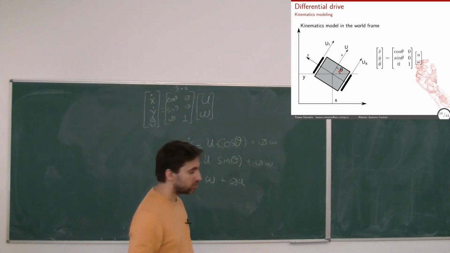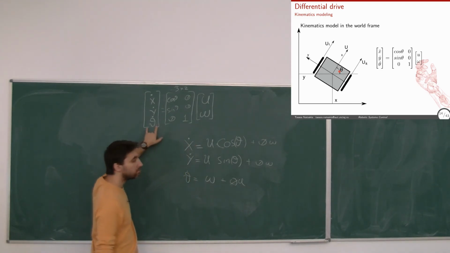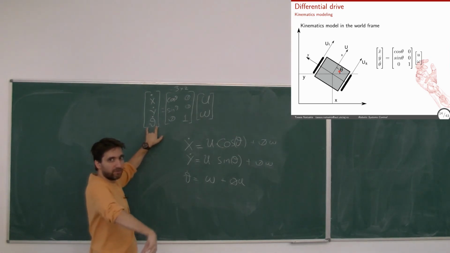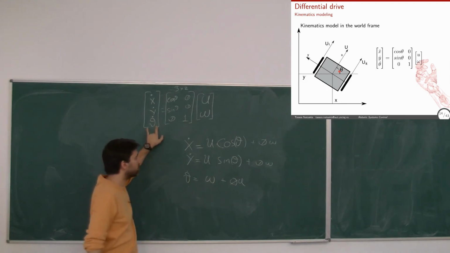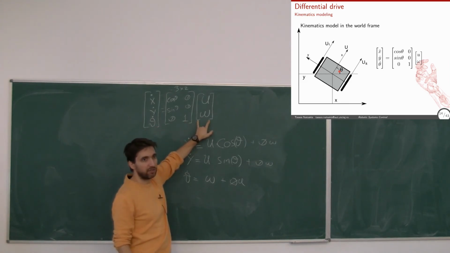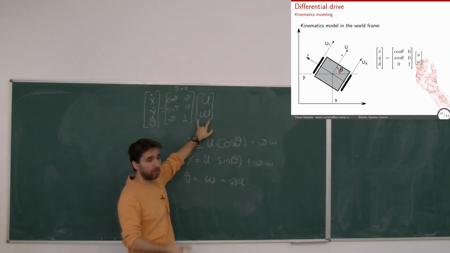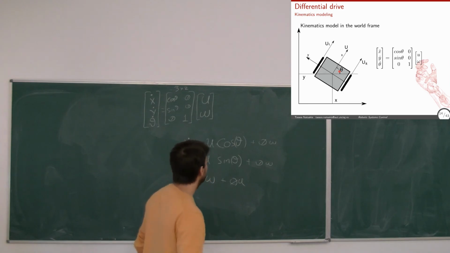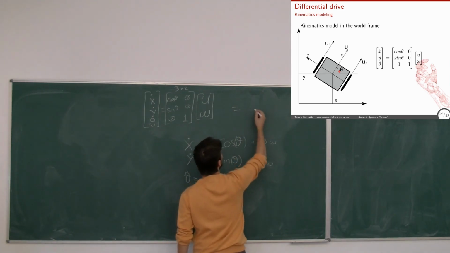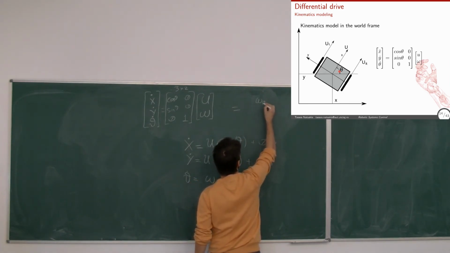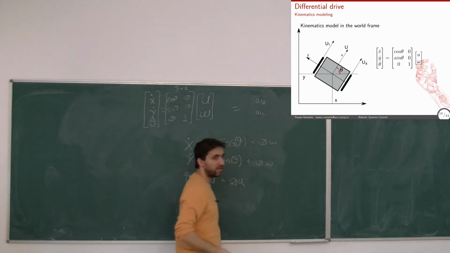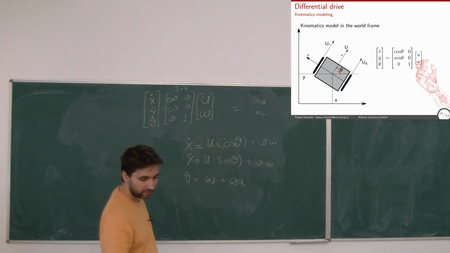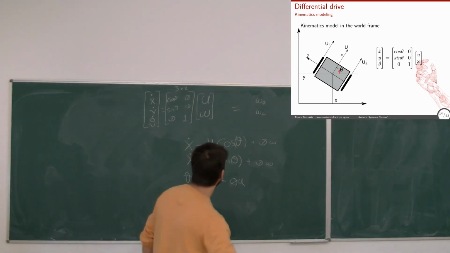Very simple. So now we found a way to calculate the linear and angular velocity in our world frame as a function of the linear and angular velocity in the robot frame. How can I do this with the things that I'm actually controlling? So the angular velocity of the left wheel and the angular velocity of the right wheel.